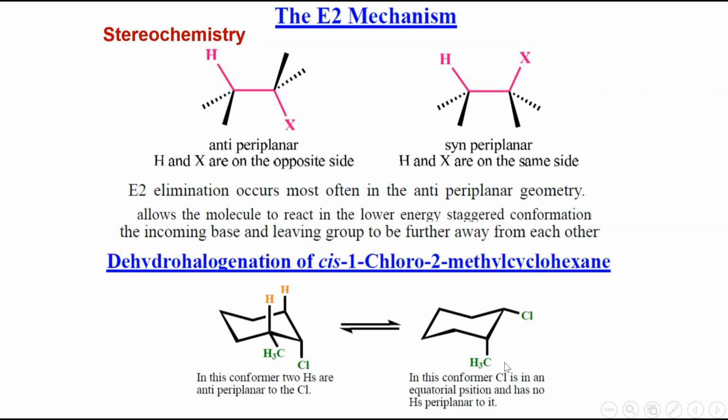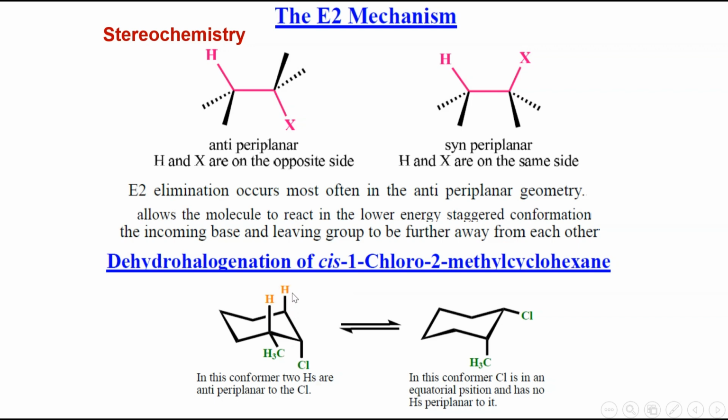In this second one, it has non-anti-periplanar geometry. In the first case, we have two hydrogens and the corresponding two beta carbons. This is also a beta carbon and this is also a beta carbon. The hydrogen on this beta carbon can be abstracted and this also can be abstracted.